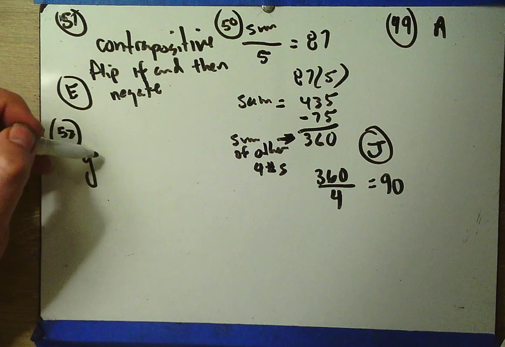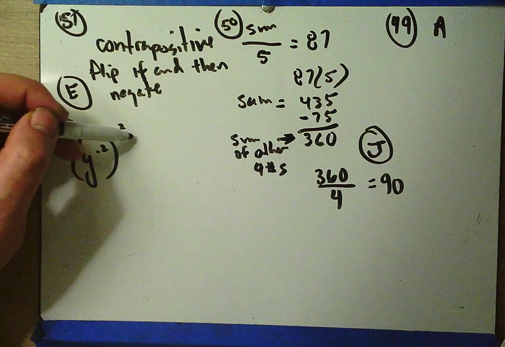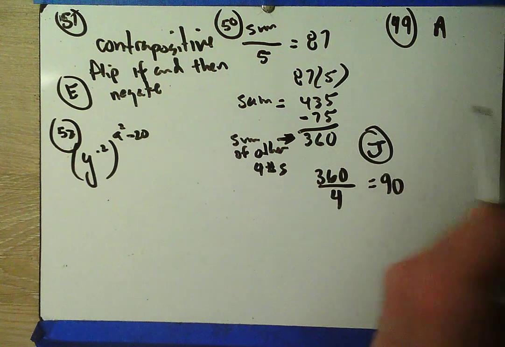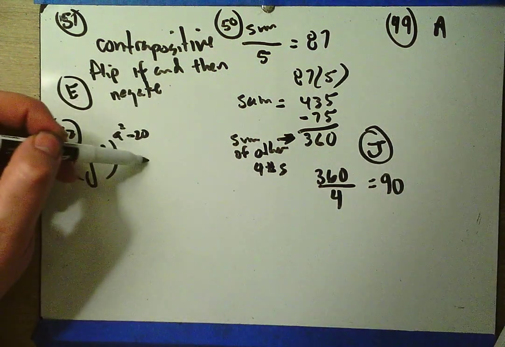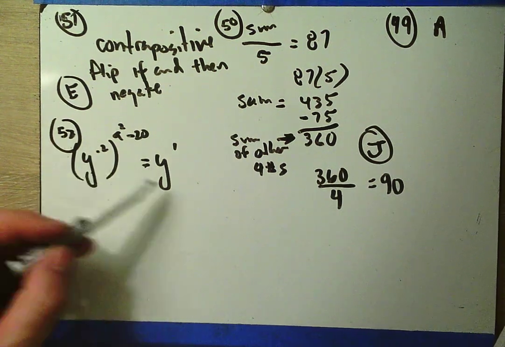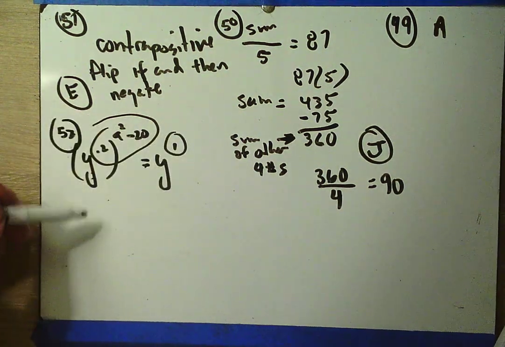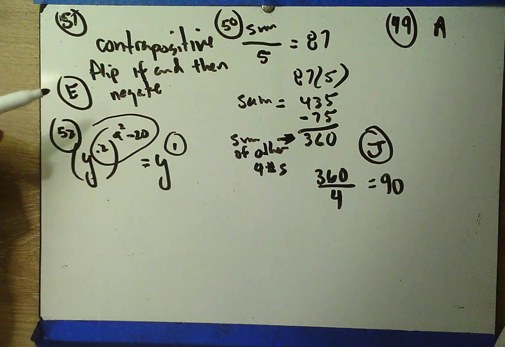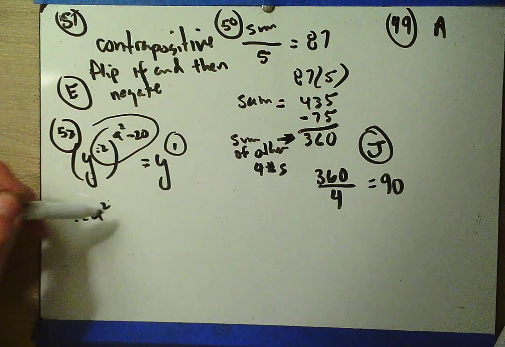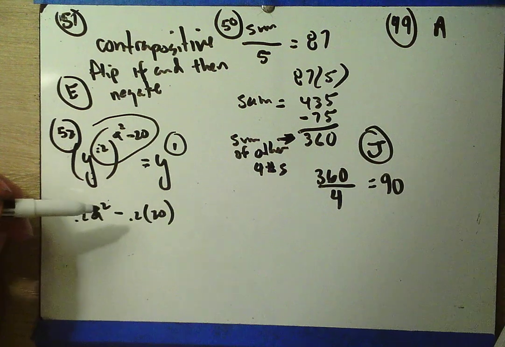52. We've got y raised to the 0.2 raised to the a squared minus 20. Yes, that really does say a squared minus 20 equals y to the 1. Well, if the terms are equal and the bases are the same, then the powers must be equal. And when I'm raising a power to a power, I multiply those. So 0.2 a squared and 0.2 times 20.